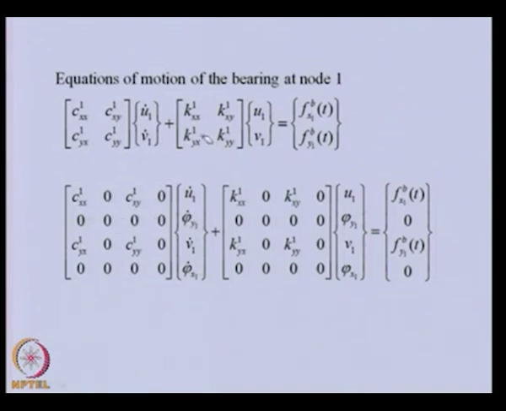So, basically we expanded these equations into 4 by 4 by introducing some variables. If we multiply these 4 equations, finally we will get this. So, this is the expanded form for node 1, this for bearing 1.